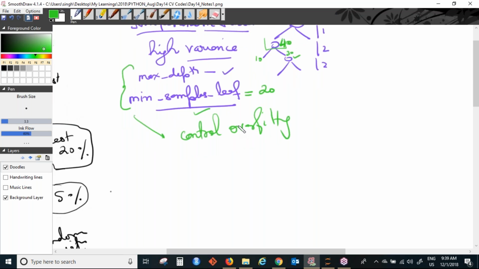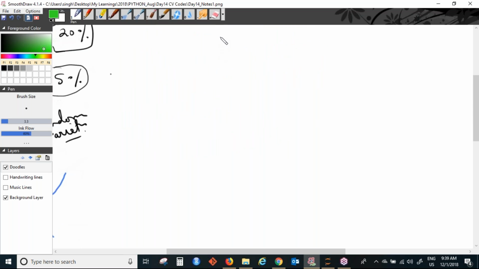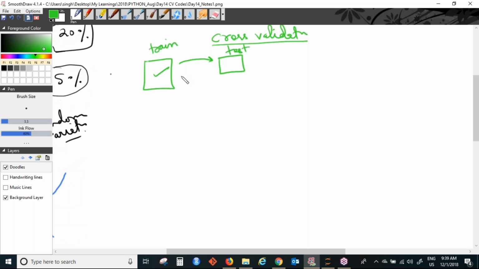Now, last class we discussed what cross validation is. So how do you decide the right value of these parameters? That process is called cross validation. You may wonder why we don't just decide by looking at the train and test data. What we usually do is train our model on the train data and then keep looking at the test data.